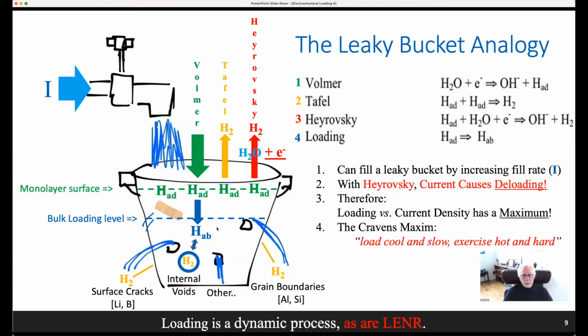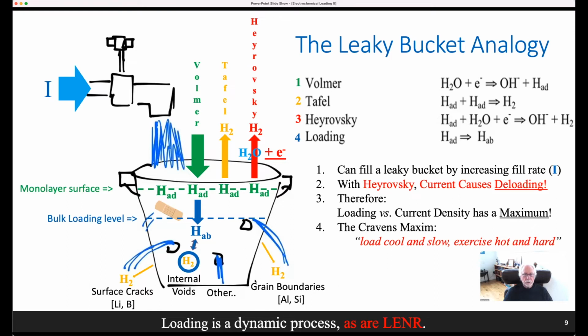There are a number of classes of defects in solids. Internal voids, for example: if the Tafel reaction can occur on the inner wall or the outer wall of this inner void, then we will produce hydrogen molecules in the void at a pressure equivalent to the chemical potential of the hydrogen absorbed into the lattice. There are grain boundaries which act as rapid conduits of hydrogen out of the system, so it deloads our bucket rapidly.